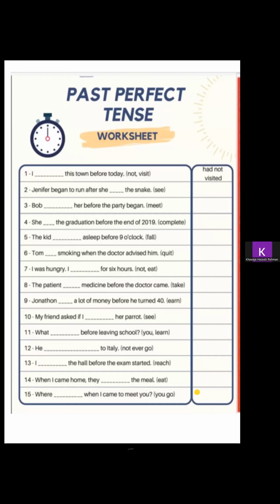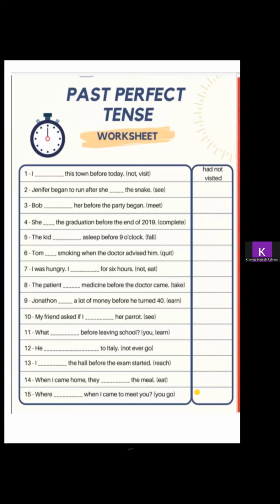Okay, Iman, carry on, beta. Iman, beta, continue. Make sentence. She dash graduation before the end of 2019. Complete is the option. You have to put complete here. She hadn't completed the graduation before the end of 2019. Come again. Make it again.